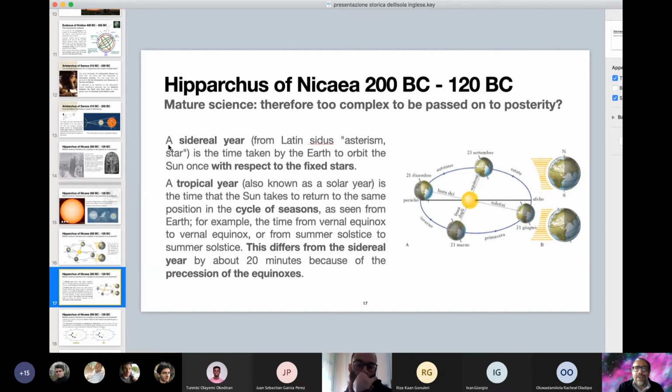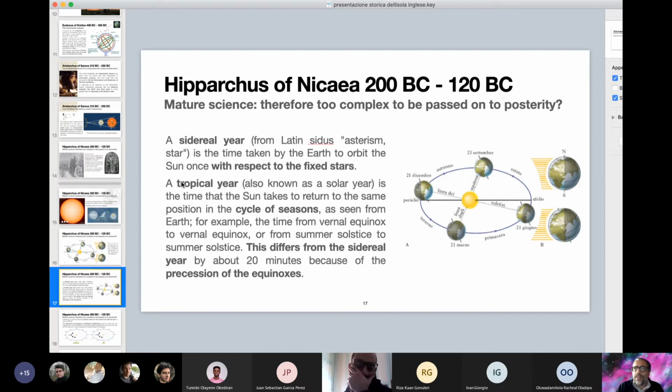Now, you can define a sidereal year. This is the time taken by the Earth to orbit the sun once with respect to the fixed stars. So when you look at the fixed stars and you see them exactly in the same place, you can say that one sidereal year has passed.